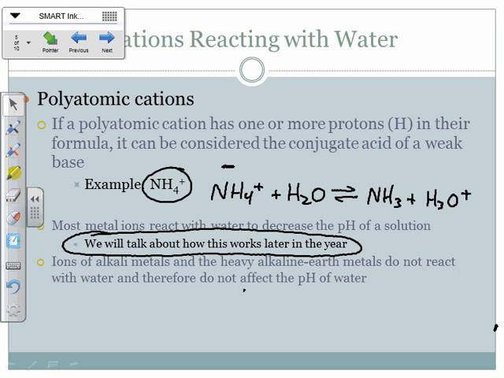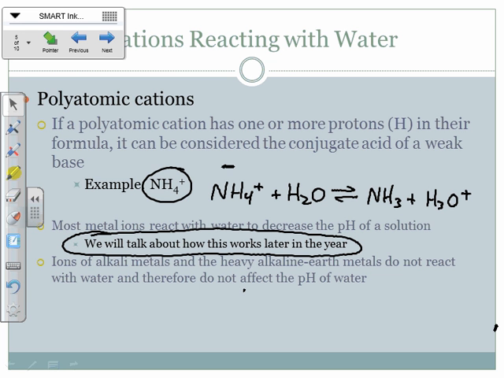Remember, a lot of transition metals especially can act as Lewis acids, which means they are electron pair acceptors. When they interact with water in that way, they can reduce the pH of the solution. So just remember that most transition metals, and some other metals as well, will decrease the pH of the solution when you put them into water. That's what you mainly need to remember there.